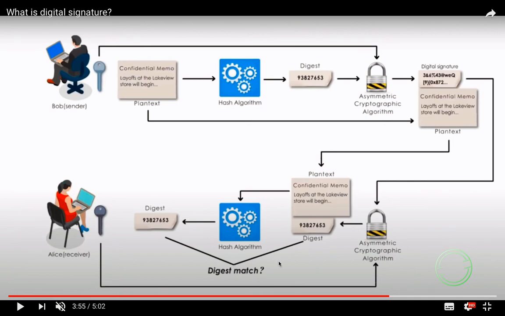And she checks whether both of the digests match or not. If both of the digests match, then she understands the message is correctly received, from the correct user, and the message is correct. Otherwise, if it doesn't match, then the message is not from the correct user. So this is the process of digital signature.